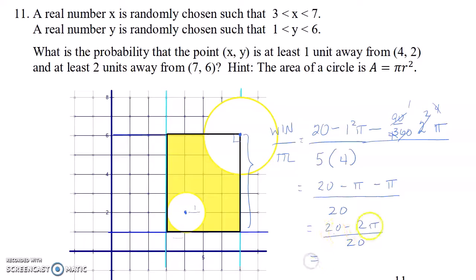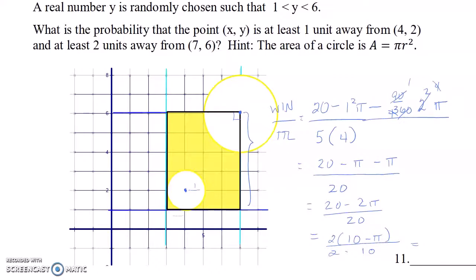I can factor a 2 out of that numerator, and factor a 2 out of the denominator, 2 times 10. And then my solution, or the probability that it falls in the designated yellow shaded region, is 10 minus pi divided by 10.